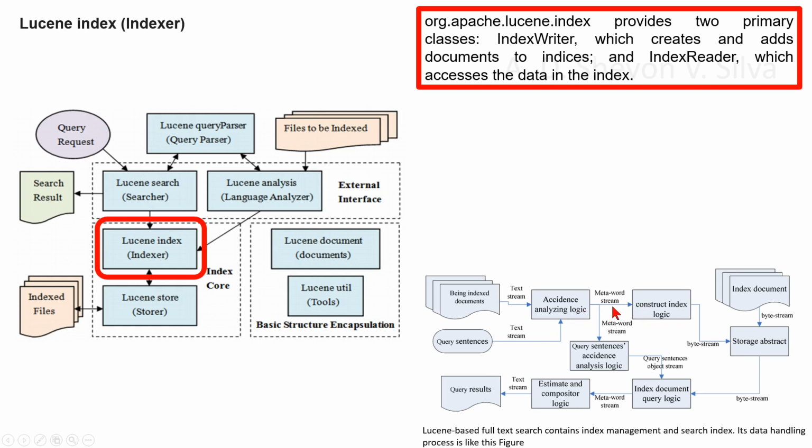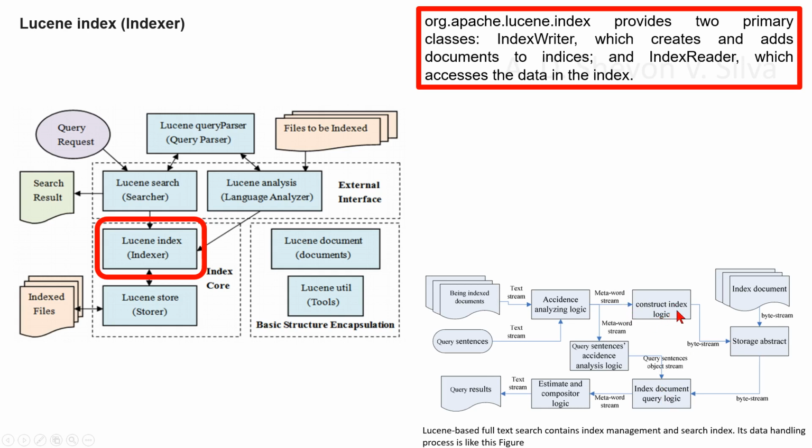A meta word stream is passed from the text analyzing logic to the construct index logic. The text analyzing logic is connected to the query sentences analyzing logic. A meta word stream is passed to the query sentences analyzing logic. And the query sentences analyzing logic is connected to the index query logic. A query sentences object stream is passed from the query sentences analyzing logic to the index document query logic.